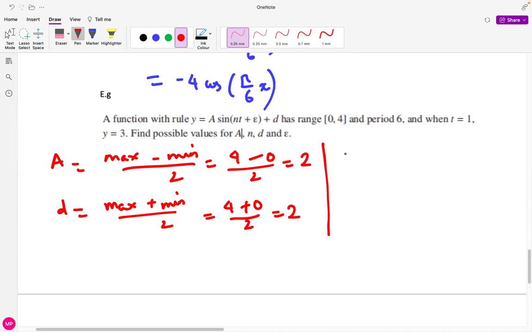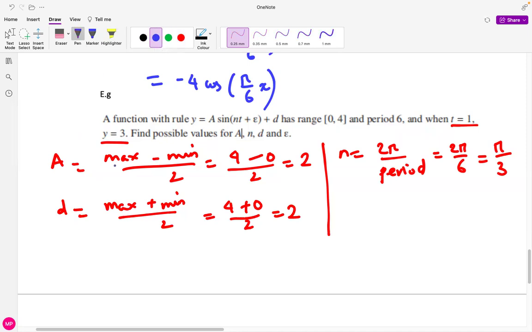To find n, n is 2 pi over the period, and our period equals 6, so 2 pi over 6, which gives you pi over 3. And then to find epsilon here, they give you a point. The point is when t equals 1, y equals 3. So you can sub it in and find epsilon, and you know everything else.